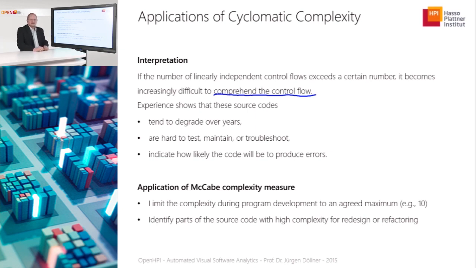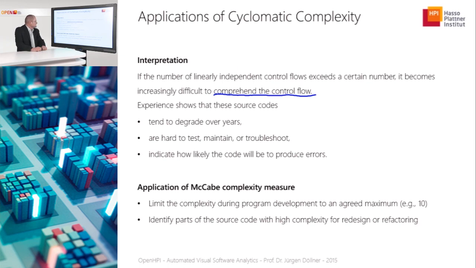Experience shows that source code with a high cyclomatic complexity tends to degrade over the years, is hard to test, is hard to maintain or troubleshoot, and high cyclomatic complexity also indicates how likely the code will be to produce errors.